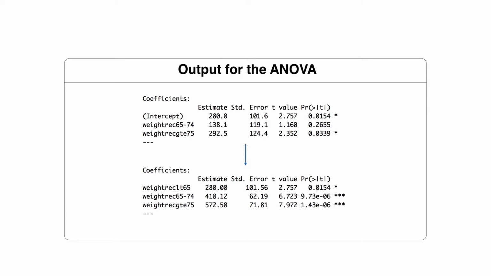That is, you compare less than 65 and 65 to 74, or 65 to 74 and greater than or equal to 75 kilograms, or less than 65 kilograms and over 75 kilograms, and then you make a comparison as to how they stack up. But in doing that, you're actually introducing multiple comparisons.